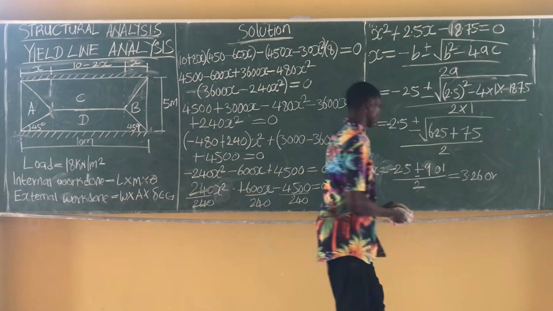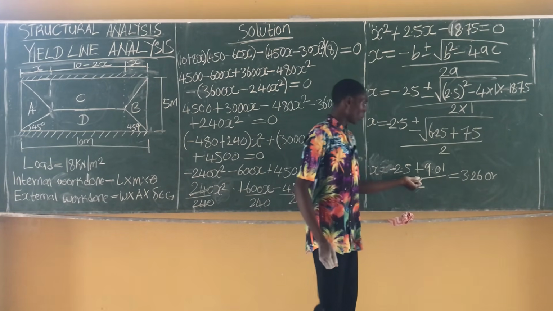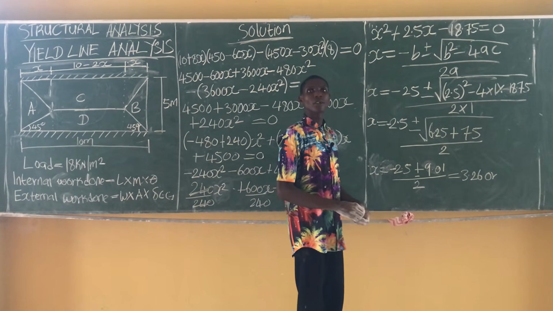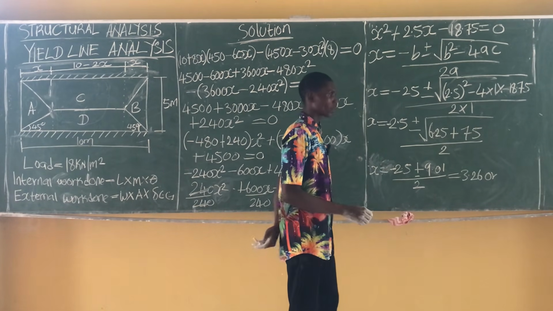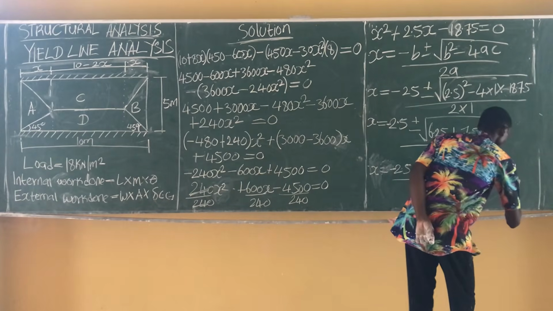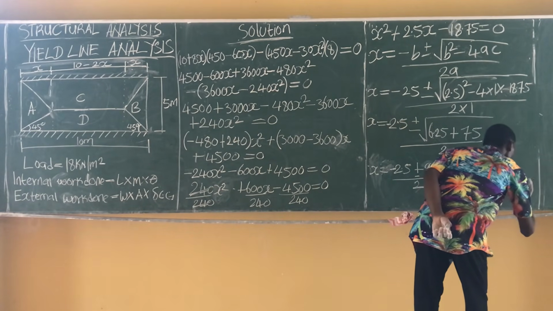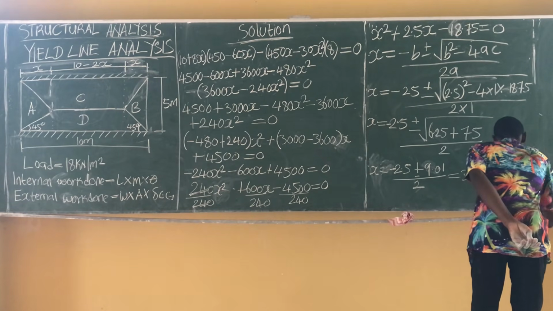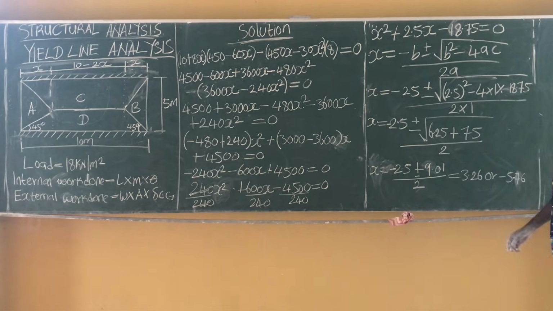Or minus 2.5 minus 9.01 all over 2, which is minus 5.76. So at this point we'll be taking the positive value as our x. To determine our moment, we'll simply substitute the value of x, which is 3.26, into our moment equation.